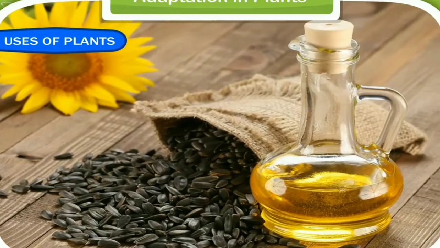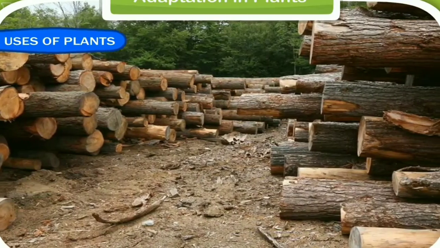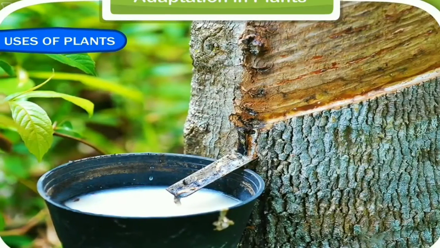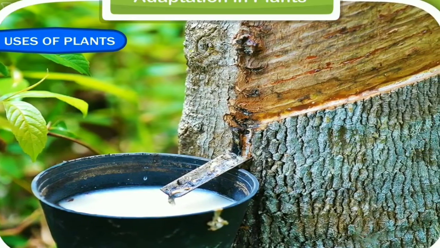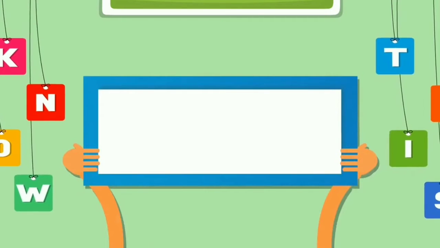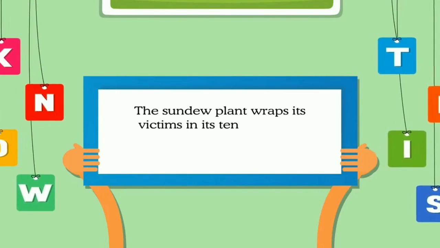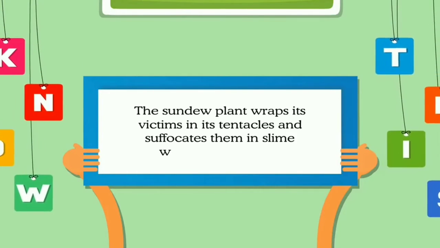We get oil from the seeds of various plants. The wood obtained from plants is used to make furniture. Rubber tree gives us latex, which is used to make rubber tires and other things. Know this: the sundew plant wraps its victims in its tentacles and suffocates them in slime within 10 seconds.